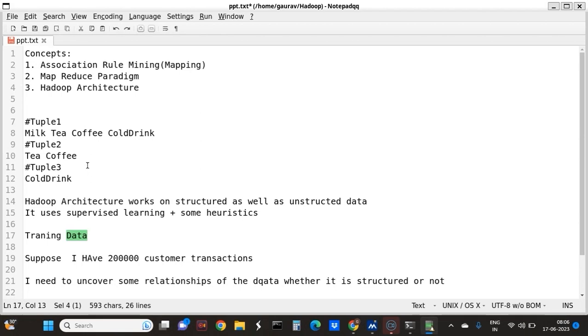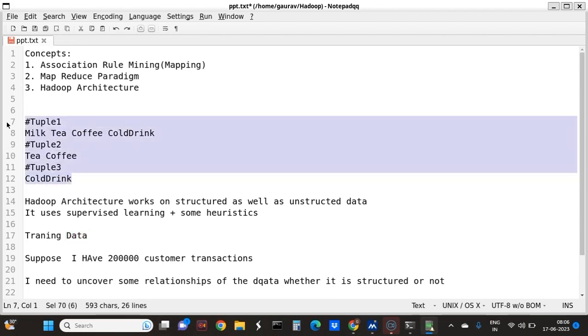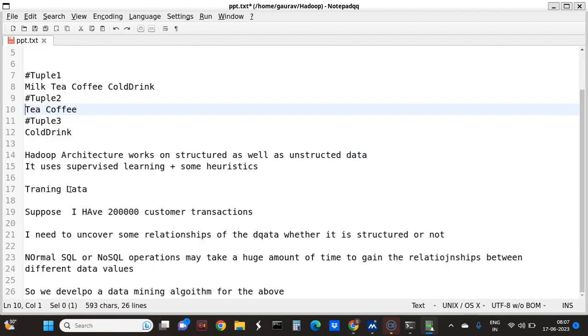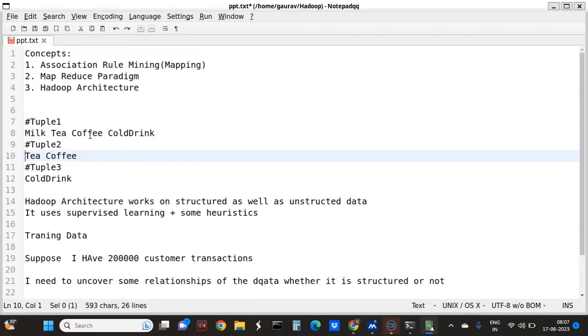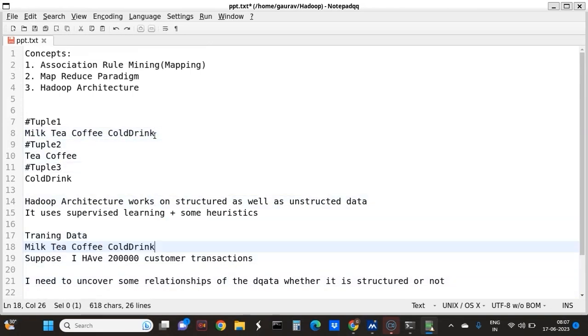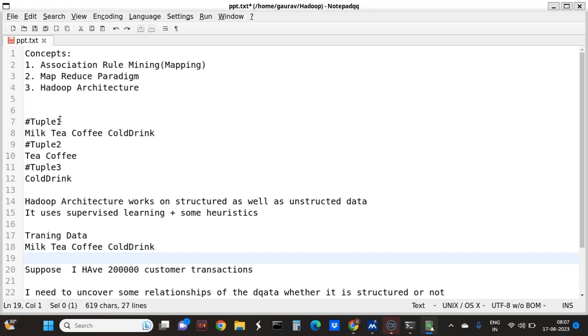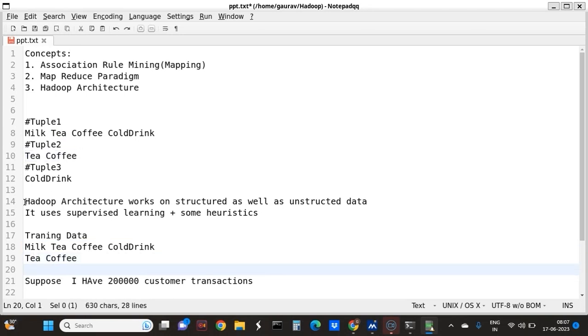So suppose I have given this tuple one, tuple two, tuple three. This is our training data. Here is an example: this is my first row, this is my second row, and this is my third row.